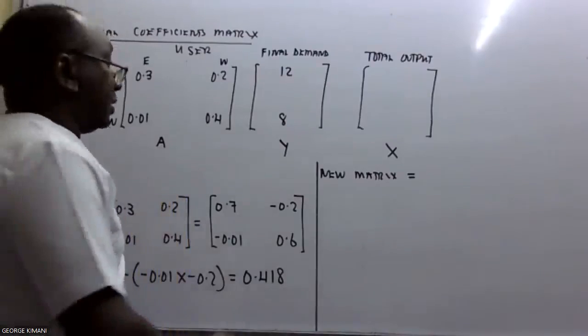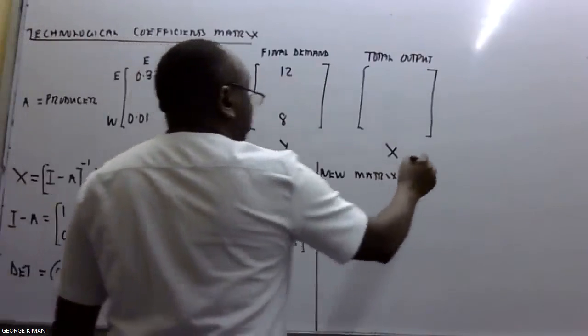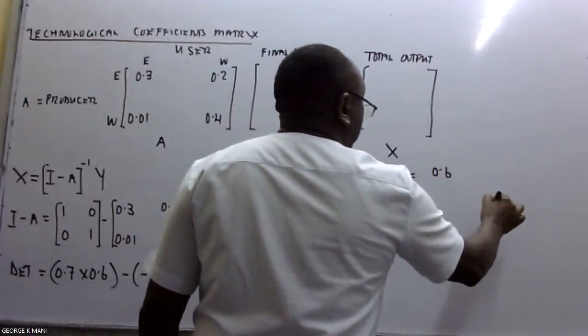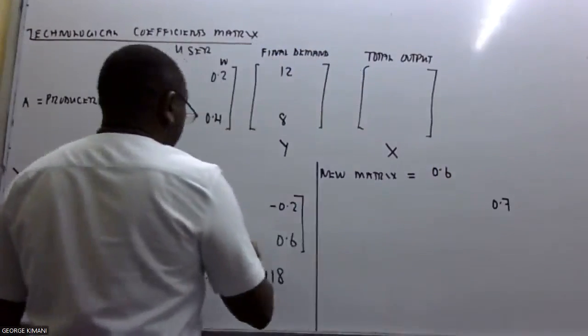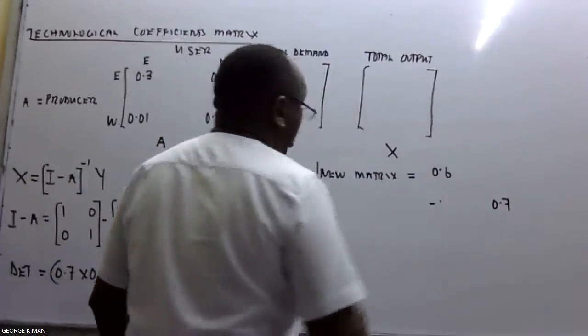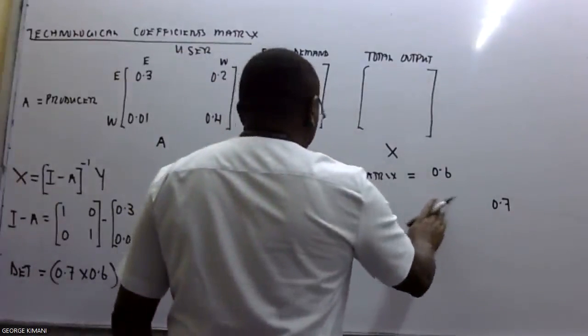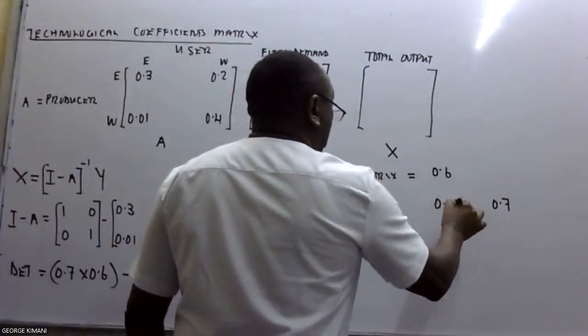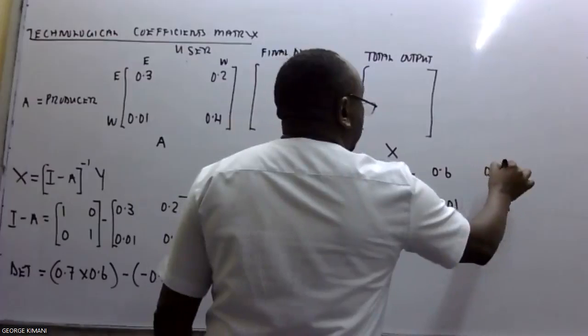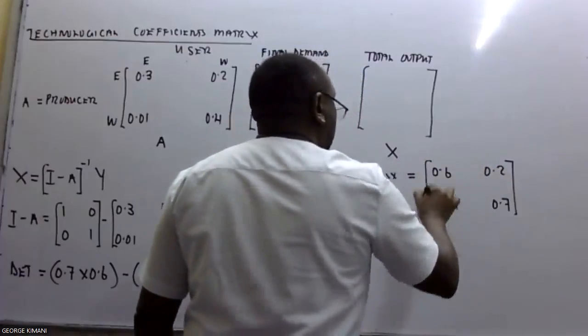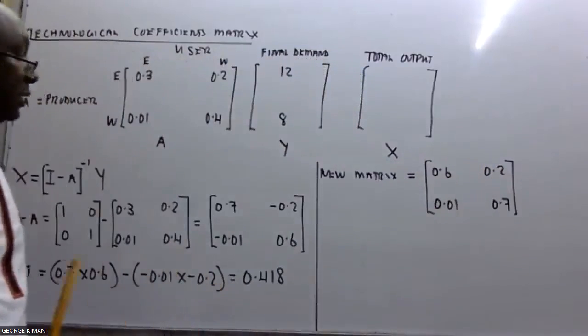So it was 0.6 and 0.7, then you change the sign of the minor diagonal, so it's back as positive 0.01 and 0.2.